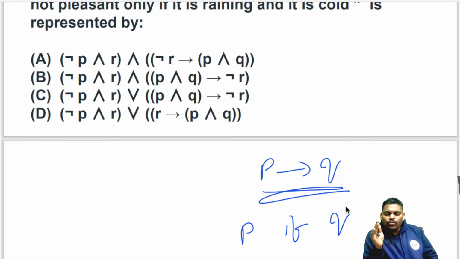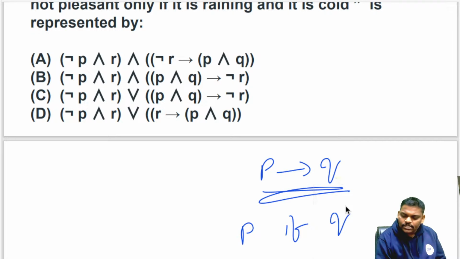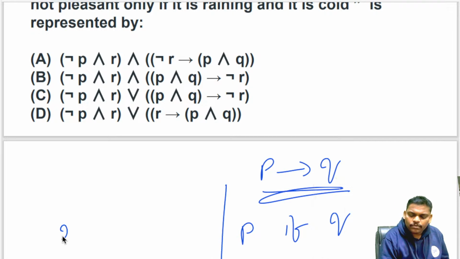P implies Q. Can I write it as P if Q? Which one is right: P if Q, or if P, then Q?